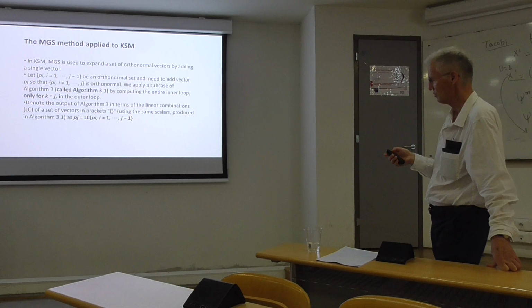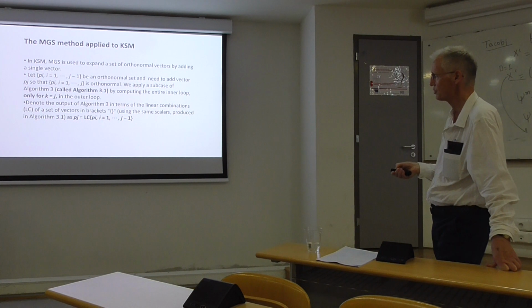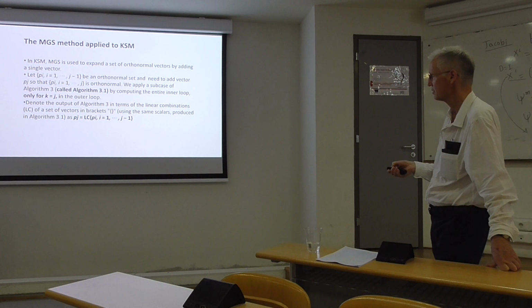And so we denote the output of this algorithm in terms of linear combinations of a set of vectors in curly brackets, using the same scalars produced by the algorithm. So the Pj, that is, which will be added, is the linear combination of these already orthogonal vectors, if you like.